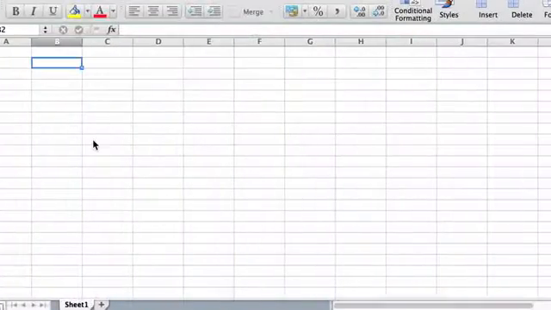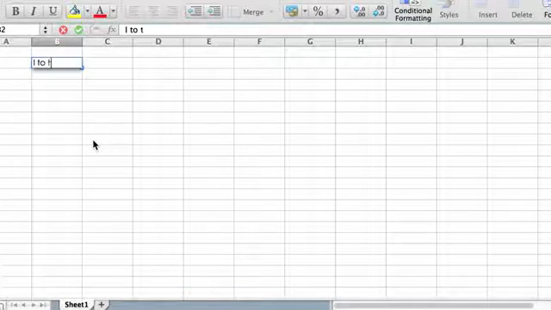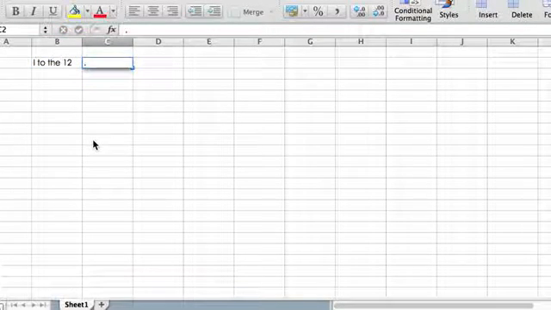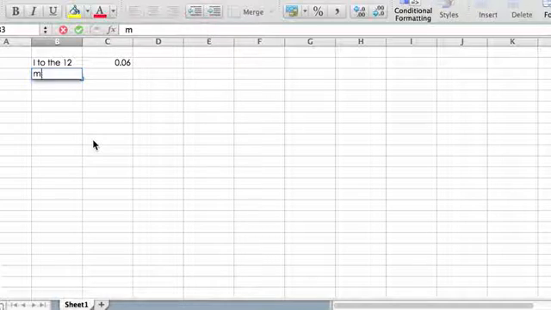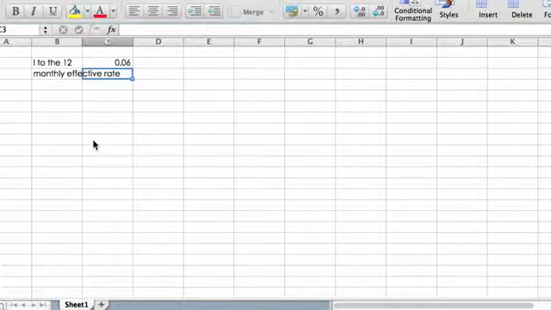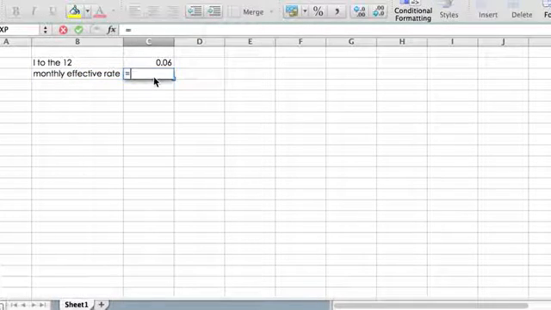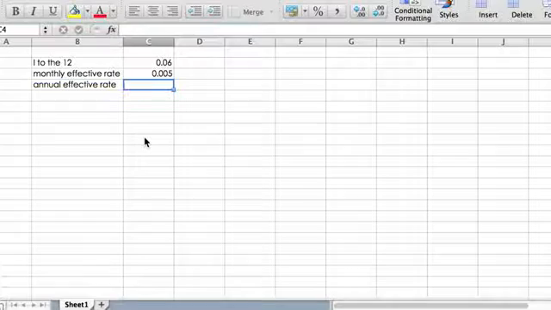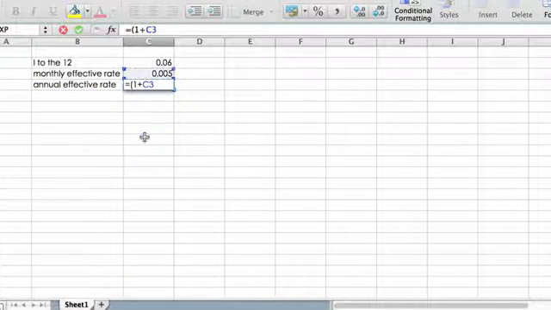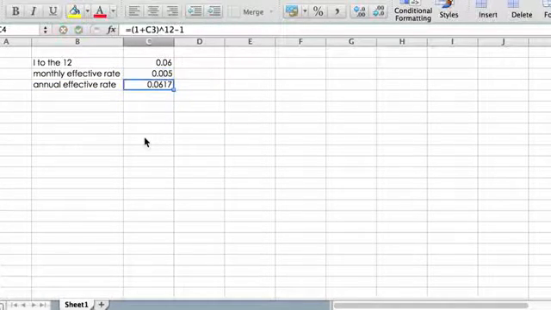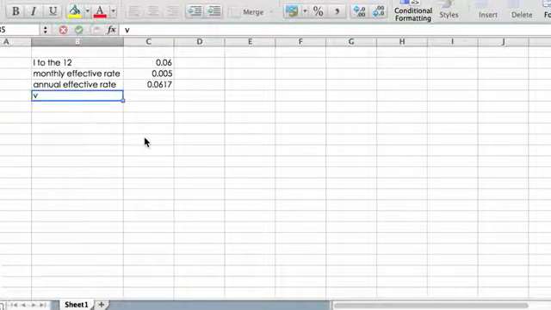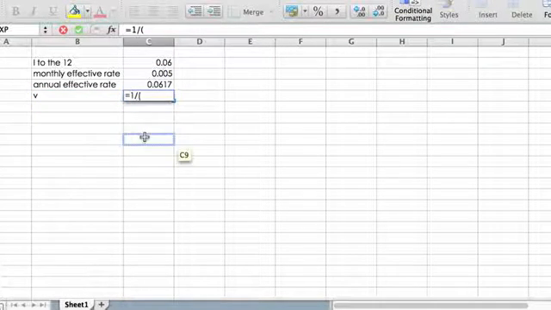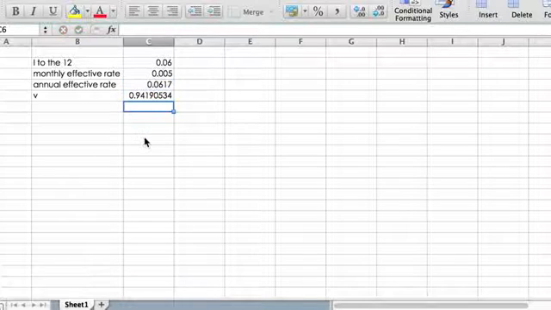So i^(12) is 0.06. The monthly effective rate is equal to that divided by 12. The annual effective rate is equal to 1 plus the monthly rate, compounded monthly, minus 1.